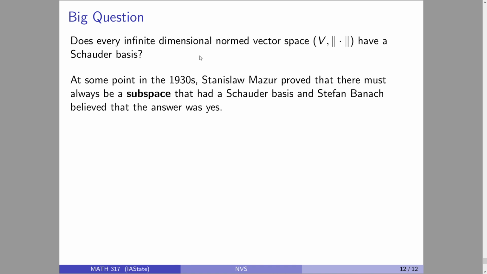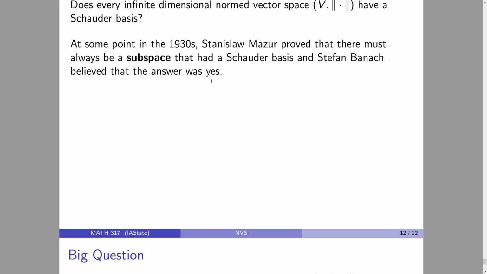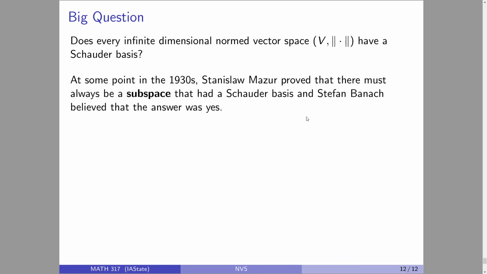Because if you look at the timeline, this is Poland, it's the 1930s, things are about to not be good. Specifically, things did not end well for Stefan Banach, unfortunately. And yeah, Nazis can die. There you go.